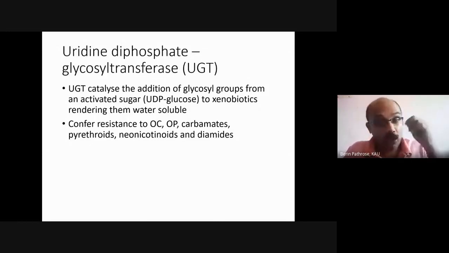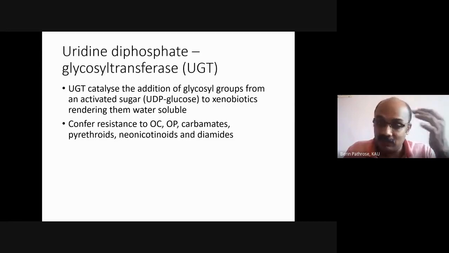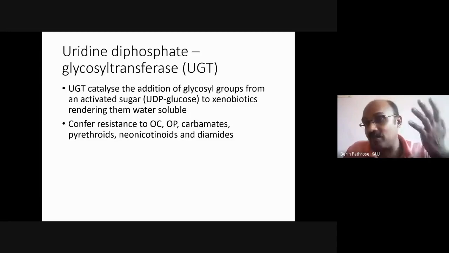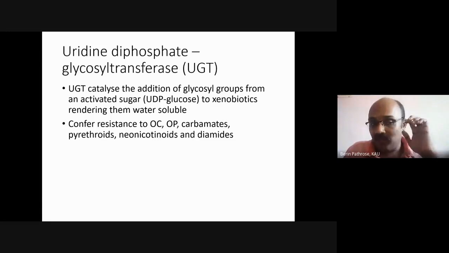After 2012, a number of papers suggest uridine diphosphate glycosyl transferase as imparting resistance. This is an enzyme which helps in the transfer of a glycosyl group to a pesticide.